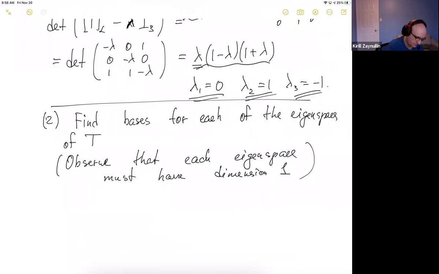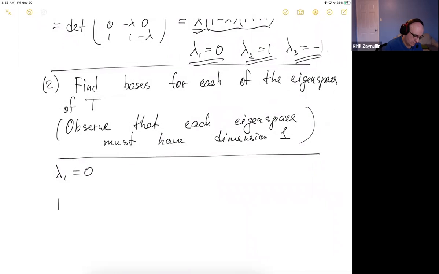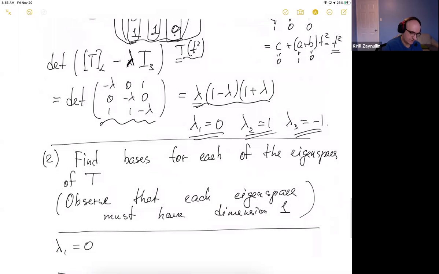Well, how do we find the basis? We just substitute again. Take lambda 1 is 0. Then what is E lambda 1? This is a null space of this matrix after substituting lambda 1 to be 0.